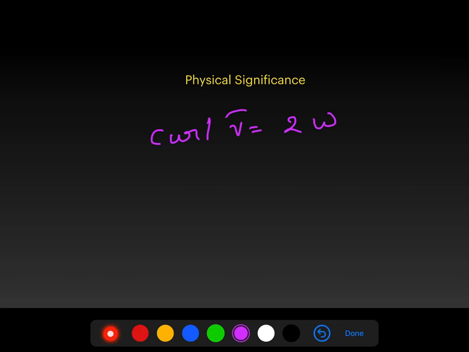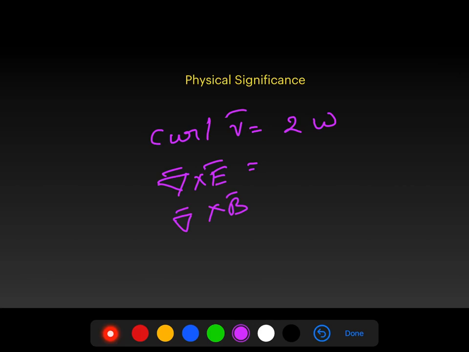The curl of an electric field results in the rate of change of the magnetic field in the perpendicular direction.